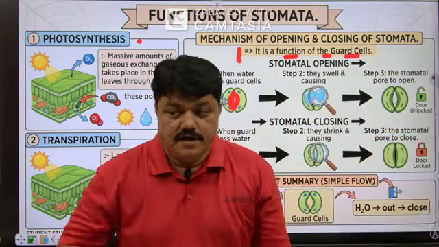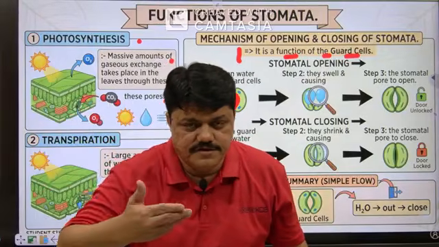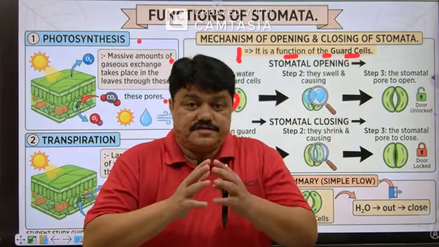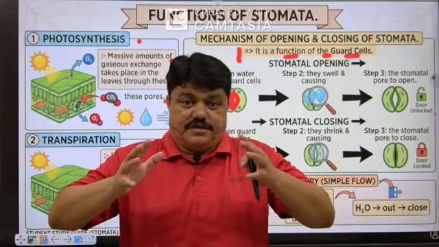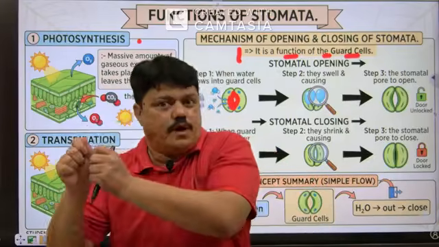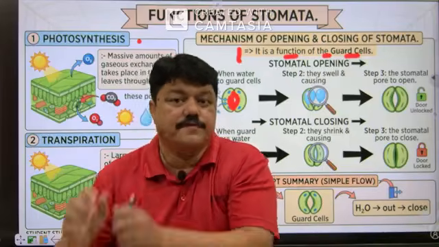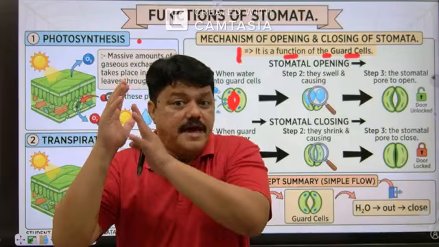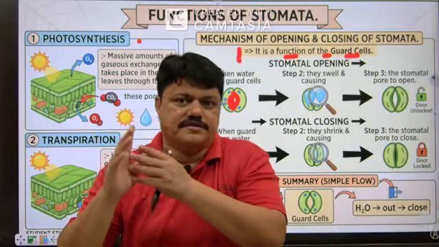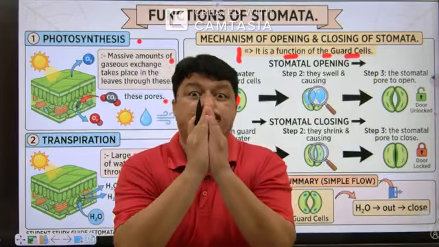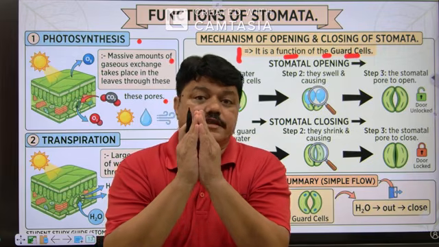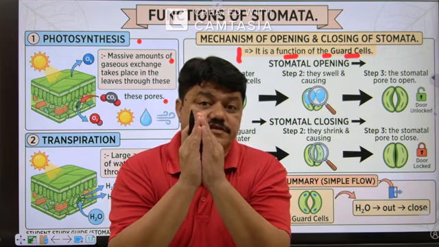Now what happens? As water enters the guard cells, the cells become turgid and swell up, and the thin walls can stretch enough to bear it because they have elasticity. But thick walls do not possess elasticity and cannot bear such tension.